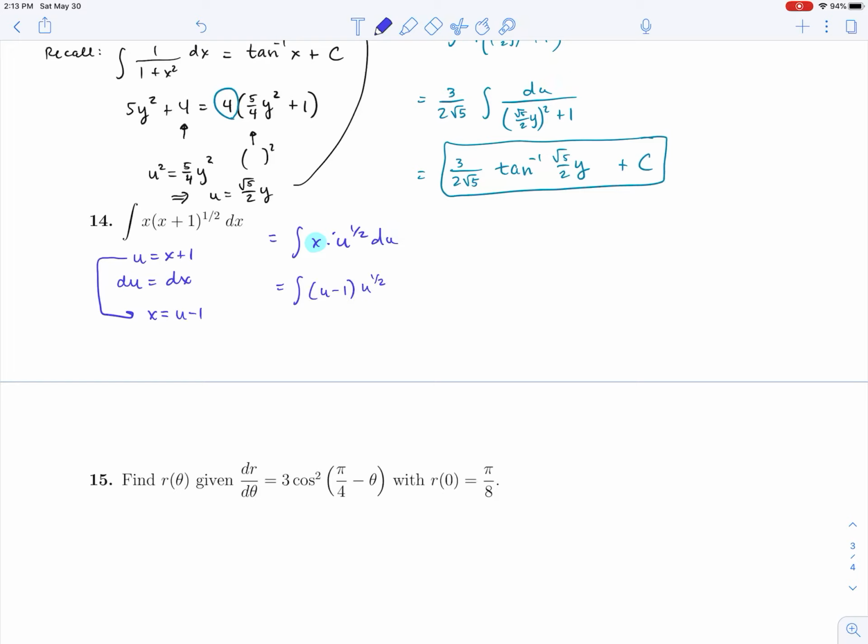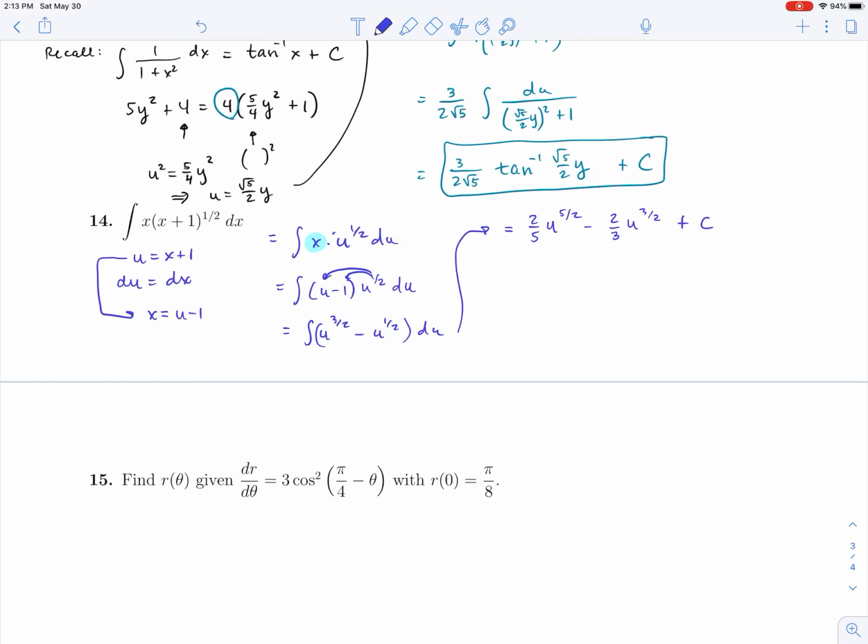So we can just replace x with u minus 1. And what we've really done is just switched the order of the distributing. And so then now we're distributing the square root in, and we can do that. So this will be the integral of u to the 3/2 minus u to the 1/2 du. And then that will be equal to 2/5 u to the 5/2 minus 2/3 u to the 3/2 plus c.